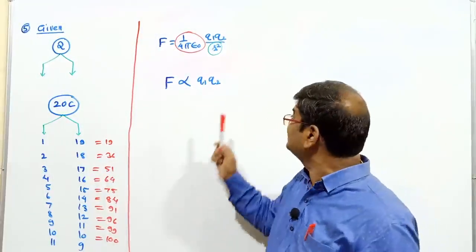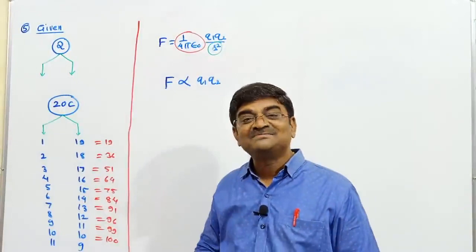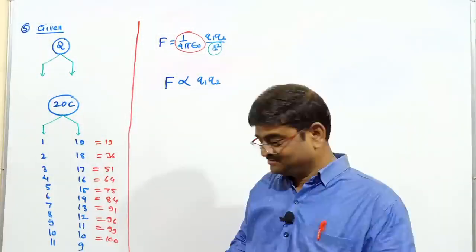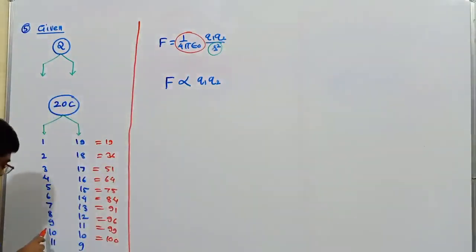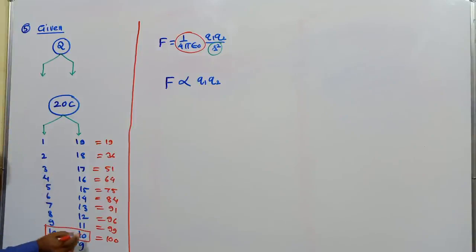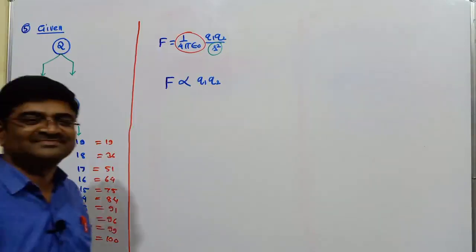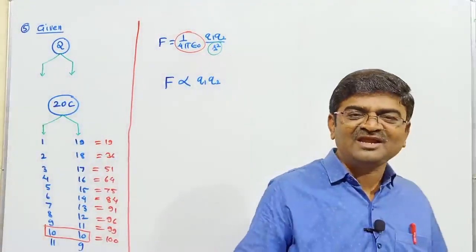You can see that the Q1 Q2 product is maximum for that pair in which the two divided parts are of equal magnitude. The charge given is 20 coulomb.